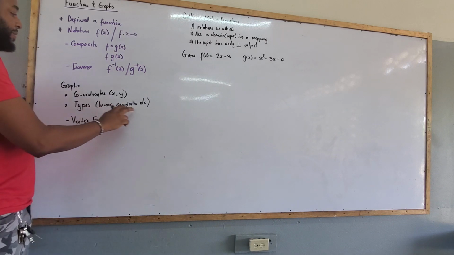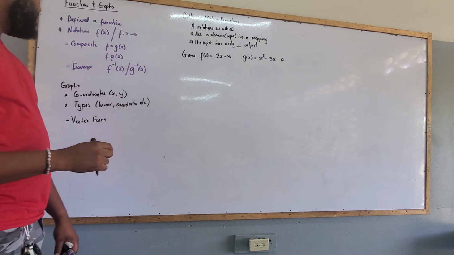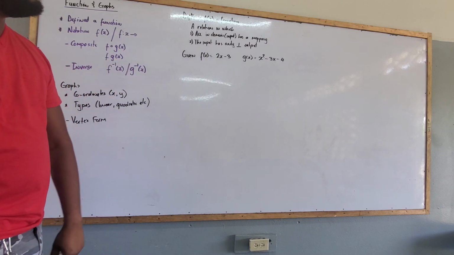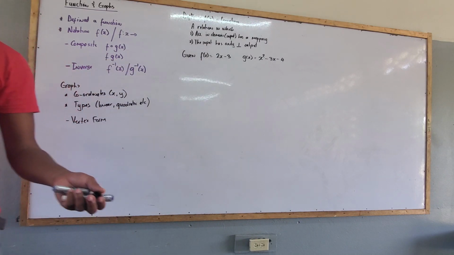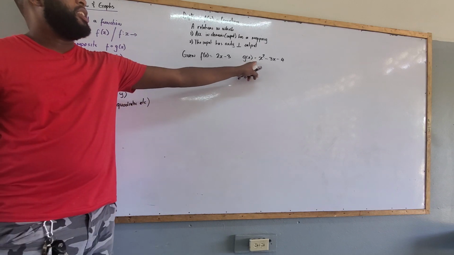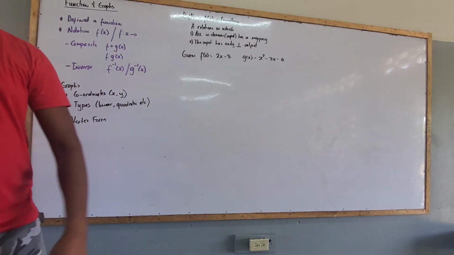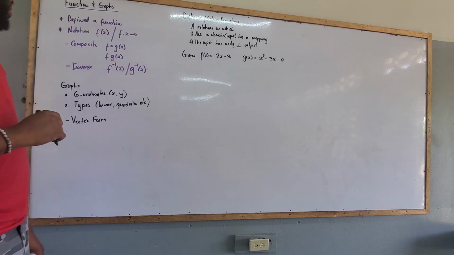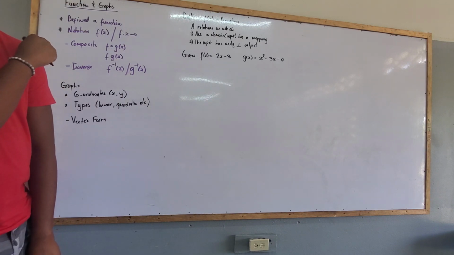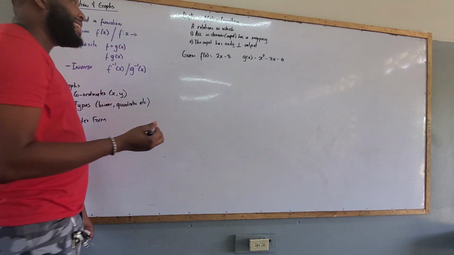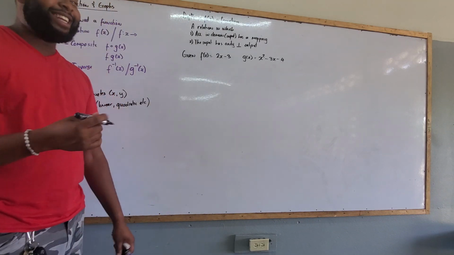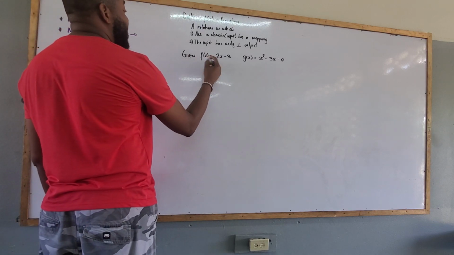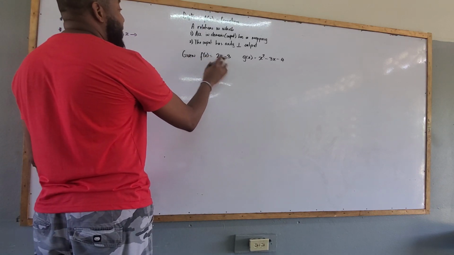When we talk about types of functions and types of graphs, f would be considered a linear function because it gives a graph of a line. The function g is called a quadratic function because it gives a graph of a parabolic curve, or parabola.